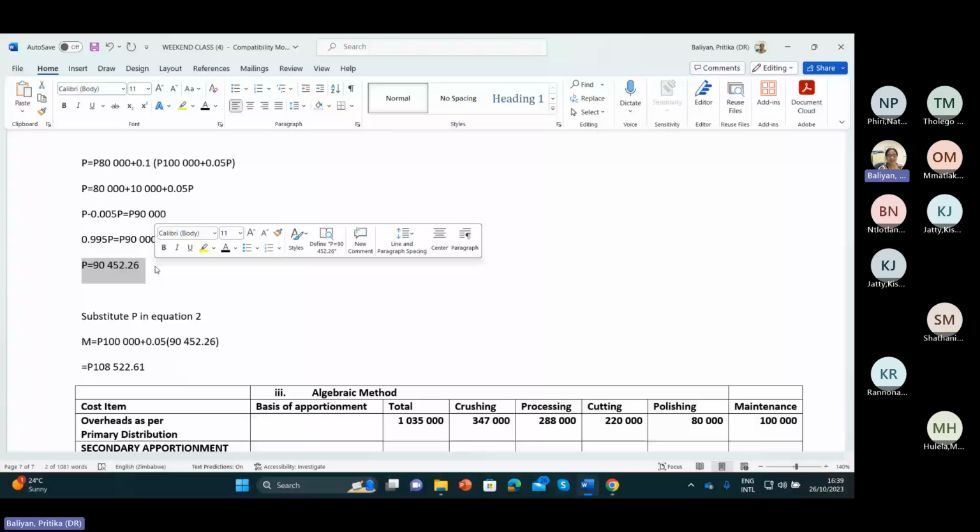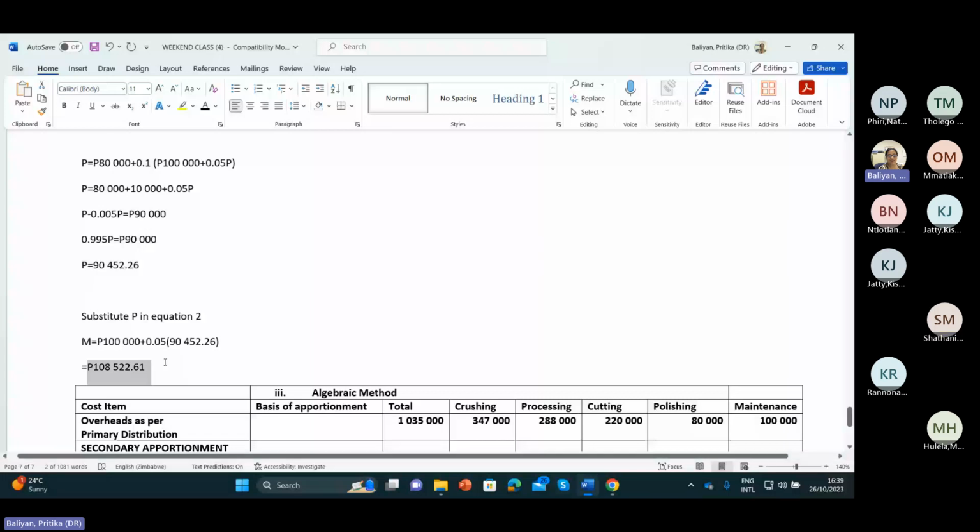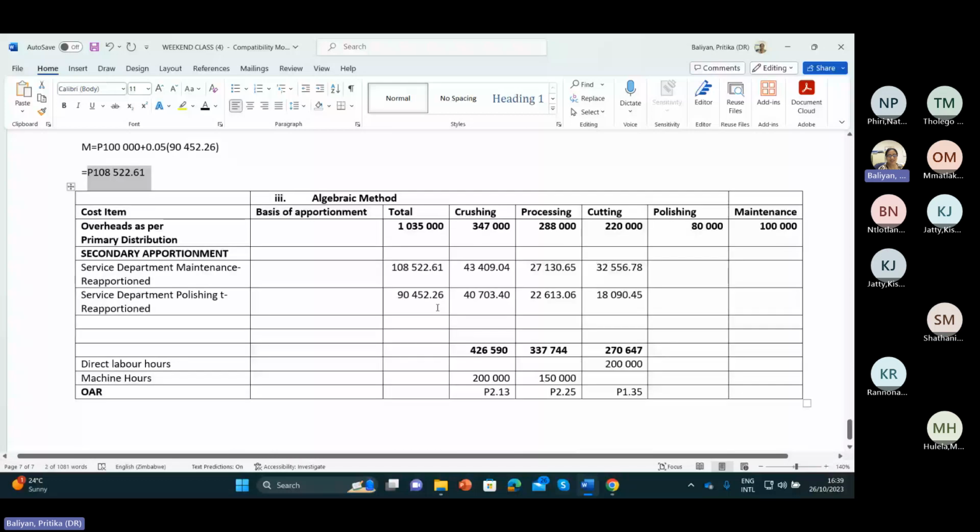And the maintenance department total cost becomes 108,522. When you get this value from the equation, you apportion this value in the table. So we are apportioning 108 and 90,452 as per their given percentages, right? Yes, I understand now.